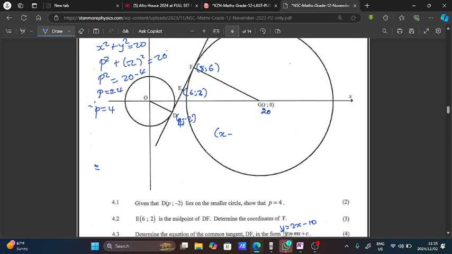(x - 20) squared plus (y - ) squared equals the radius squared, which is 180.